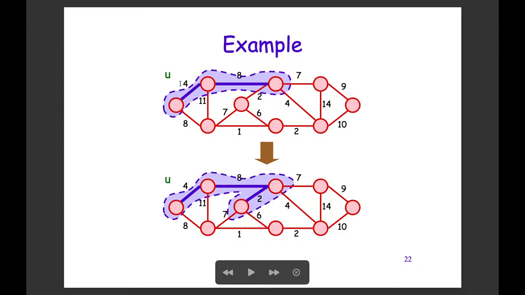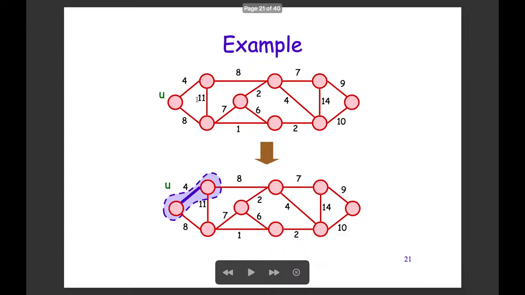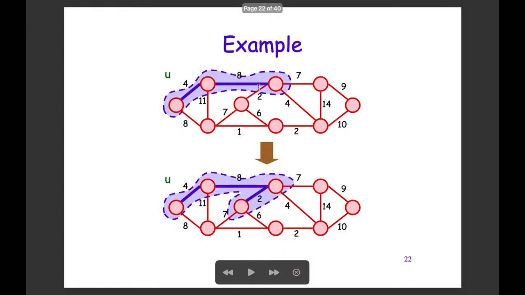A node will be included only once. The first step includes one node into the source, making the source larger. The next step includes one more node, and so on. If a vertex is included, it will be on the spanning tree forever.